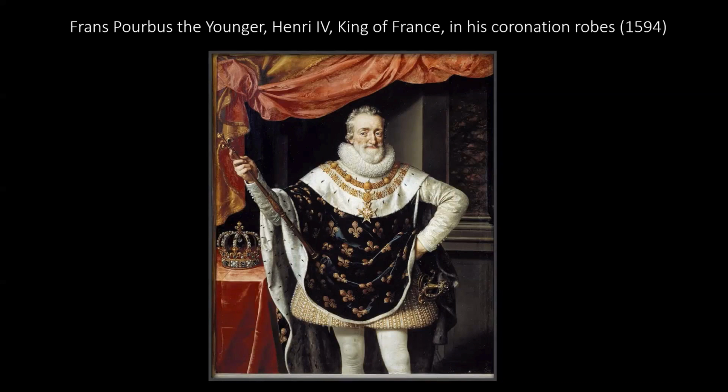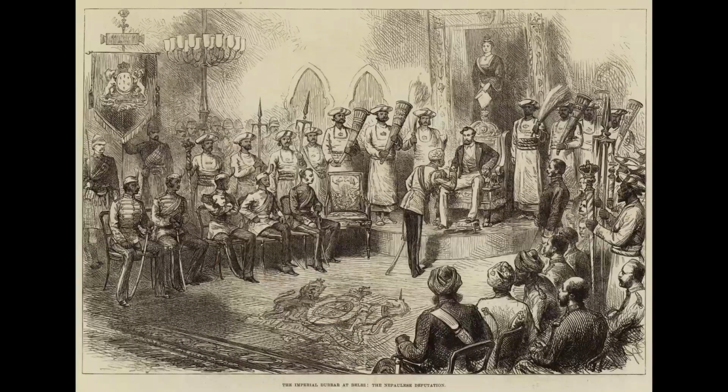Horst Bredekamp calls this a substitutive image act, and here's an example of this very thing. This is India. It is the Viceroy of India, Lord Lytton, seated on a throne, and he's receiving the Nepalese ambassadors, but he's doing so, as it were, as the instrument of Queen Victoria, who is depicted above him in a larger-than-life size portrait.